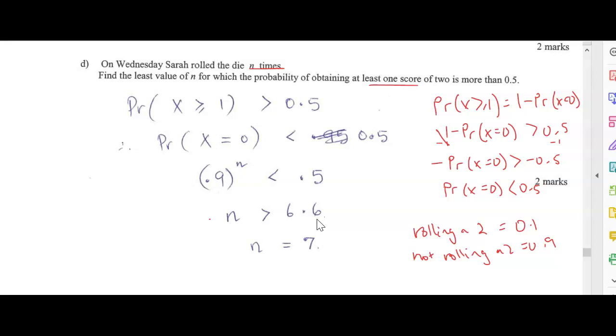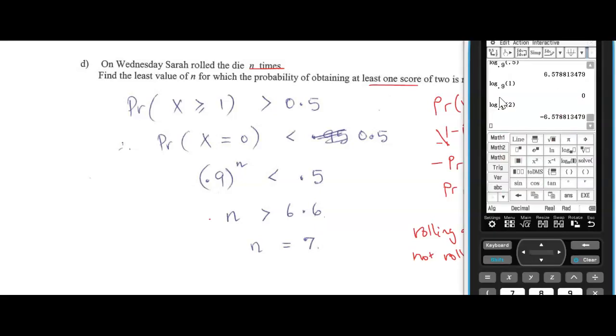But if you're ever unsure, you can just solve that inequality on your calculator. So if we just go to solve, and we want 0.9 to the power of n is less than 0.5. We want to solve for n. All right, so you can see there it has moved the inequality sign for you, so you can easily do that.